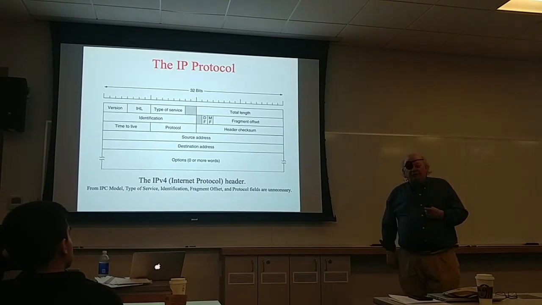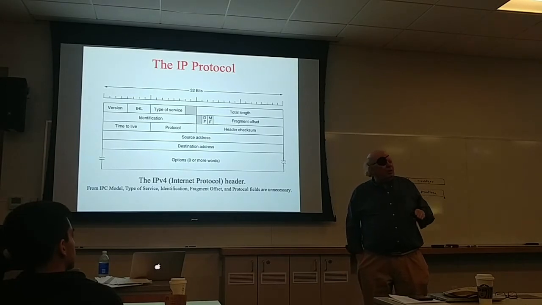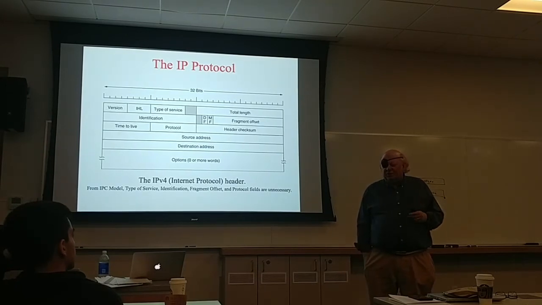So there's a count. We would set time to live, but doing time is really hard. It takes a lot of processing to really figure that out accurately. So it's really a count field, like hops. Every time it goes through a router, that field is decremented by 1. When it reaches 0, the packet's thrown away if it's not at the destination.